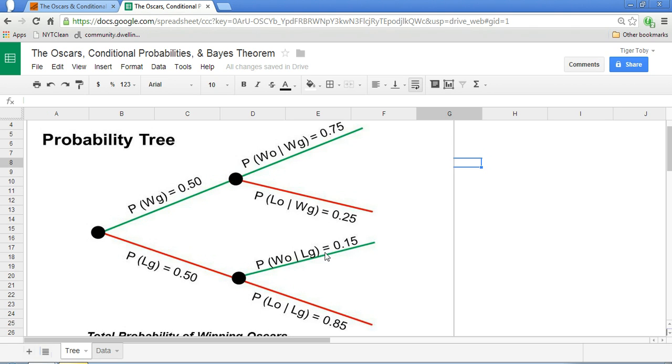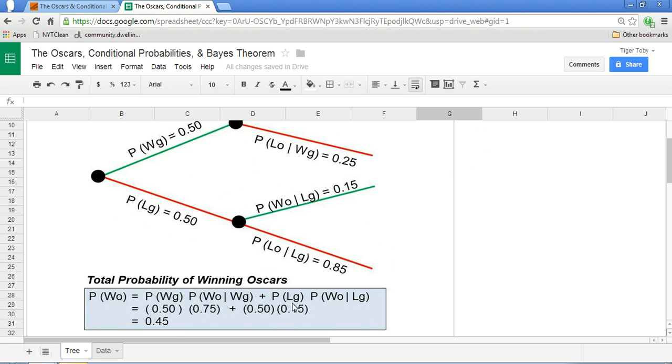So at this point, if you want to calculate the total probability of winning the Oscars, it's simply the sum of those two figures. Down here, we've got the total probability of winning the Oscars. Just as we stated, the probability of winning the Golden Globes times the probability of winning the Oscars given that you win the Golden Globes is equal to the probability of winning the Oscars and winning the Golden Globes.